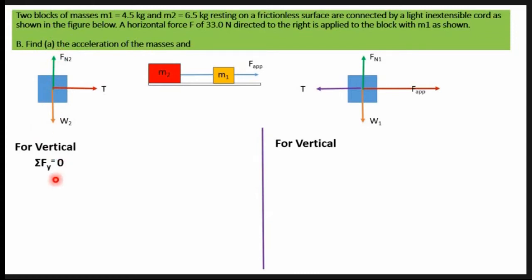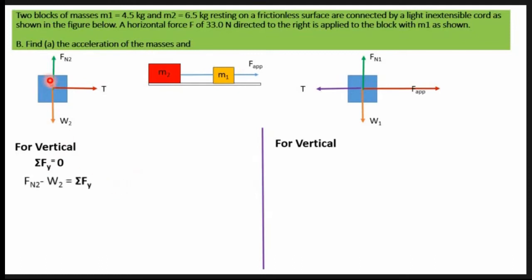Next, you have to find what would be the formula in getting this summation of the vertical forces. So add all the upward forces and then subtract all the downward forces.